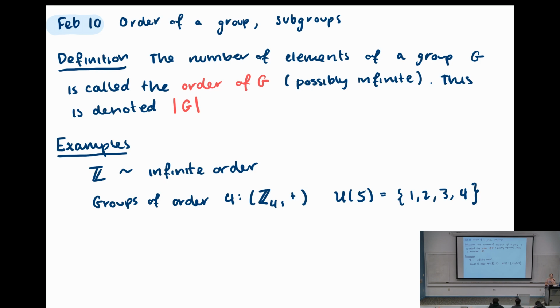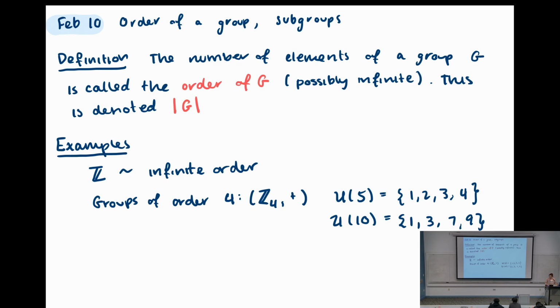U10, I think maybe, I forget. So 1, 3, 7, 9. Yeah, okay, so this is another example. Good, okay, so these are some examples of groups of order 4.